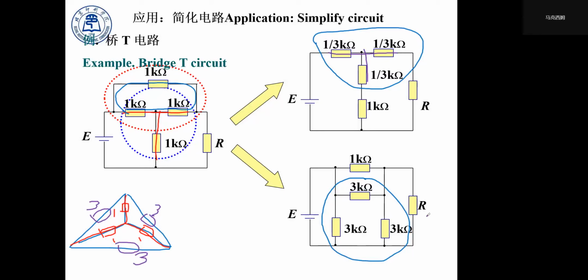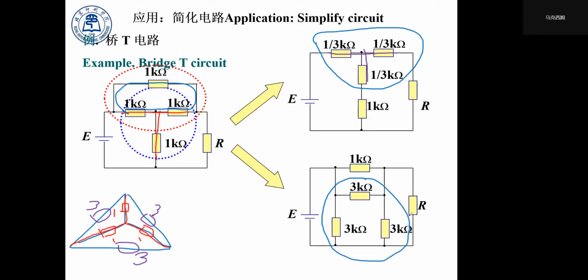This is how we transform the Y-shaped network into the delta-shaped, and the delta-shaped into the Y-shaped. This case is very unique. We don't encounter a symmetrical delta-shaped or Y-shaped network all the time.